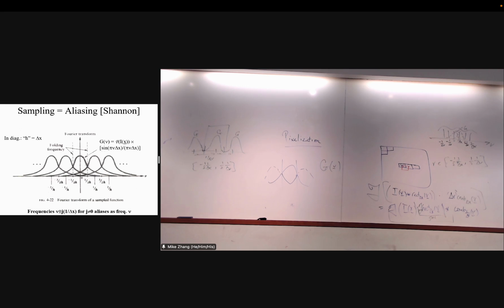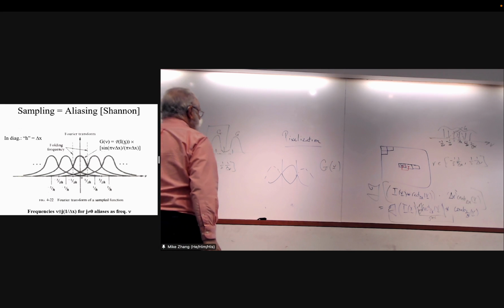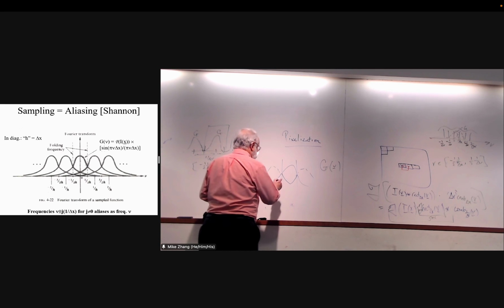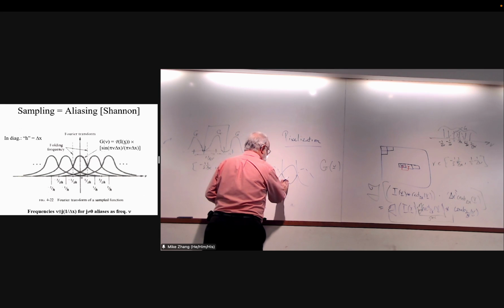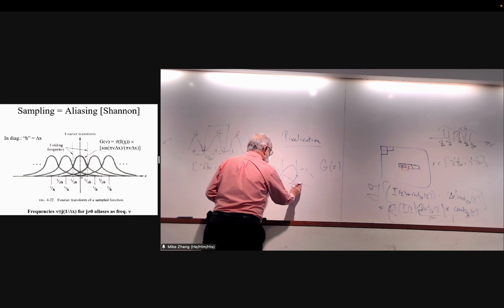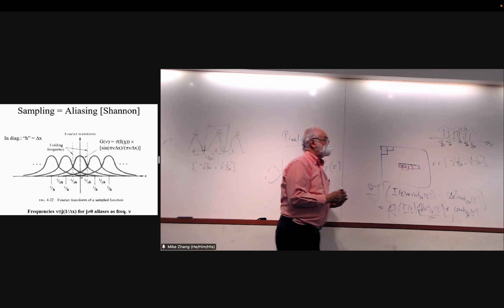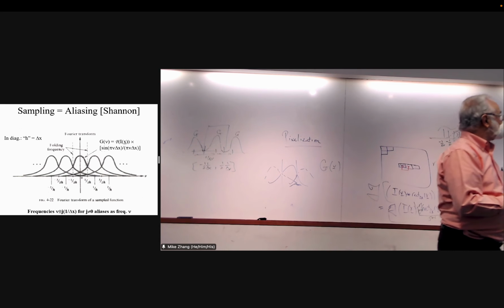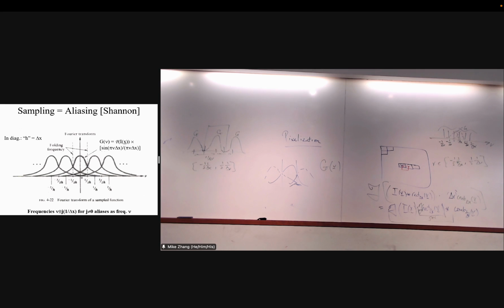In any case, if this guy really looks like this, then it folds back again. Whoop, folds back again. It folds back and back and back. And so this frequency half times 1 over delta x is called the folding frequency sometimes. Right?